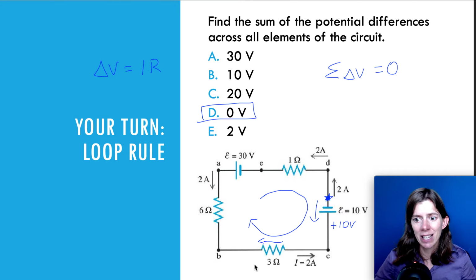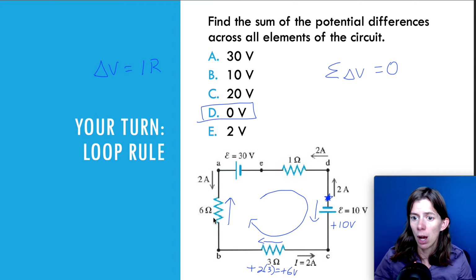So in this case, it's going to be a positive IR. The current is 2, and the resistance is 3. So it's going to be a positive 6 volts as you go across this resistor. Keep going. We're going upward across the 6 ohm resistor. Once again, we're going against the current. That's going to be another gain. Plus IR. I is 2, resistance is 6, so plus 12 volts for this one.